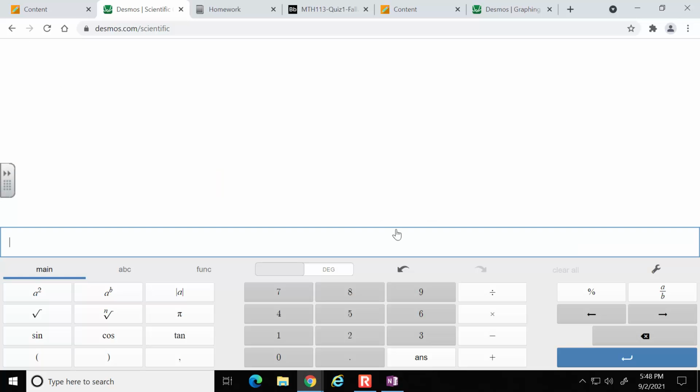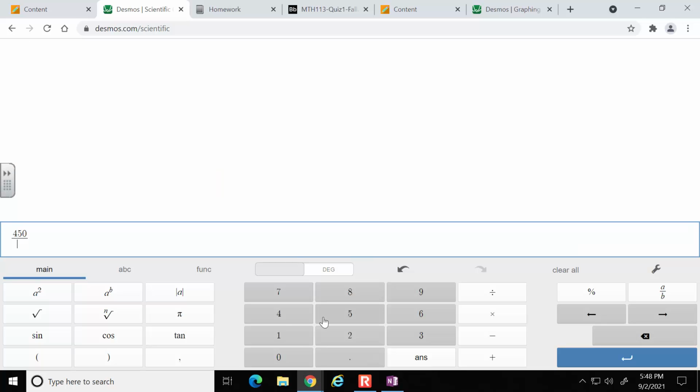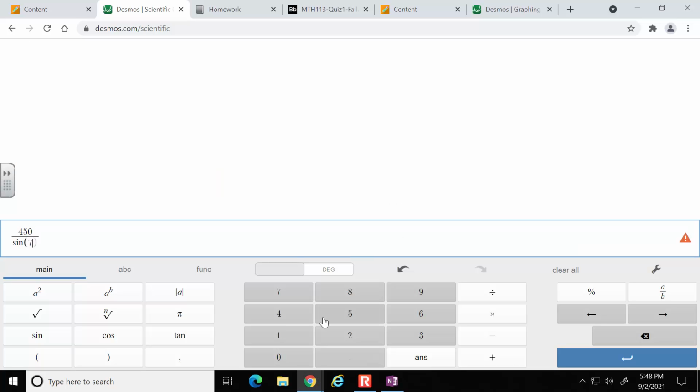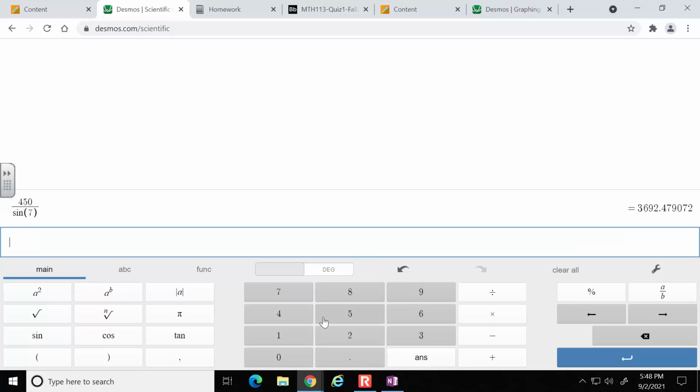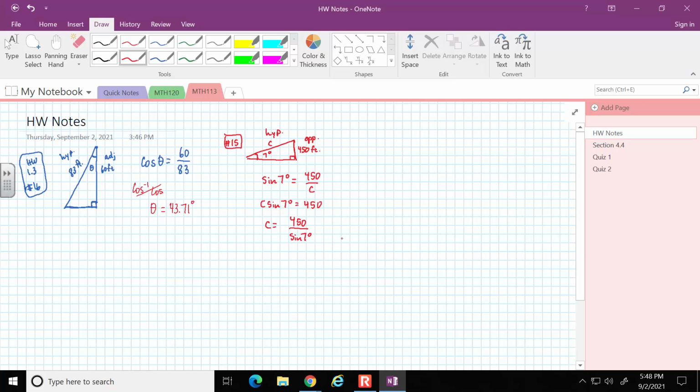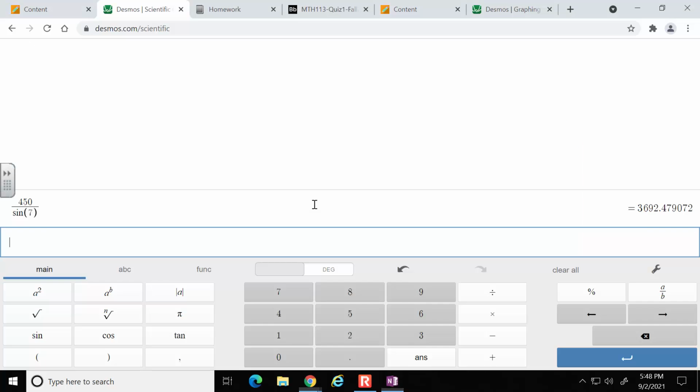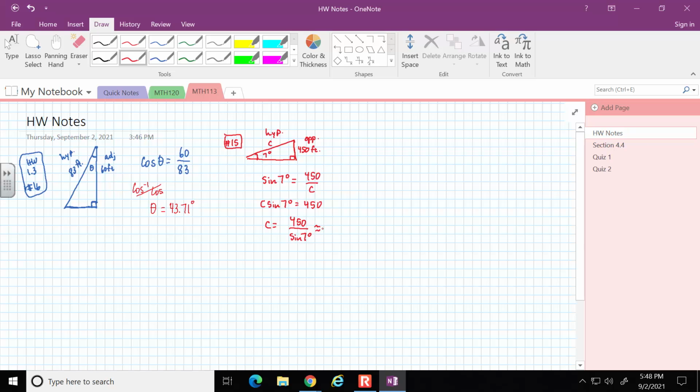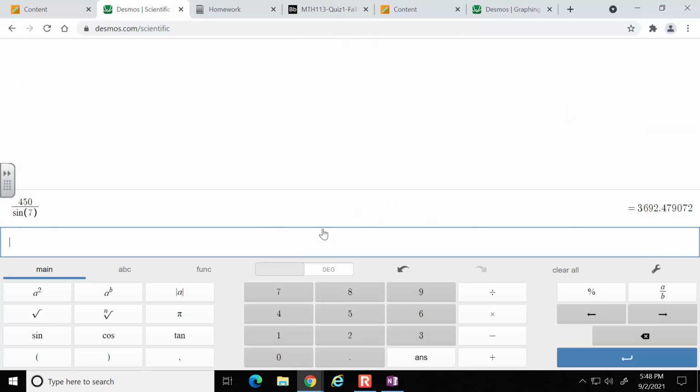So I got 450 divided by the sine of 7, and I get the same answer that I had before, 3,692 point. And I like to keep decimal places till I don't need them, so I'll say 3692.48.